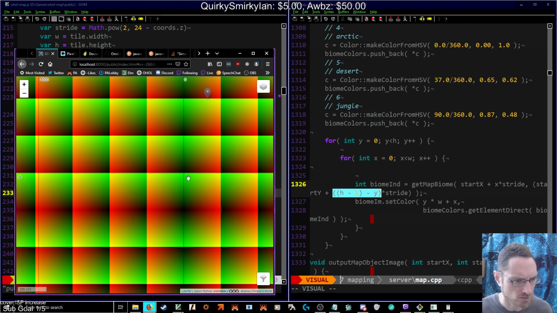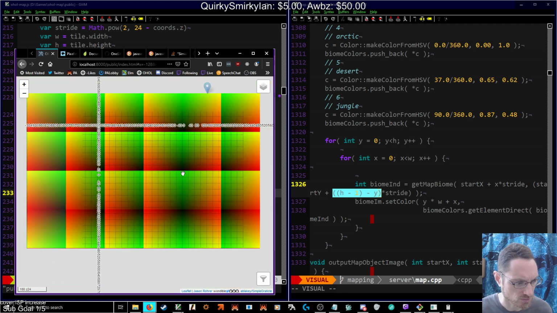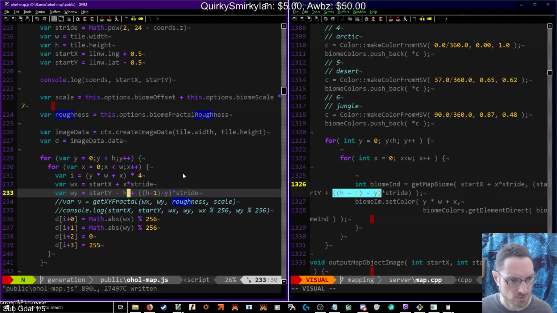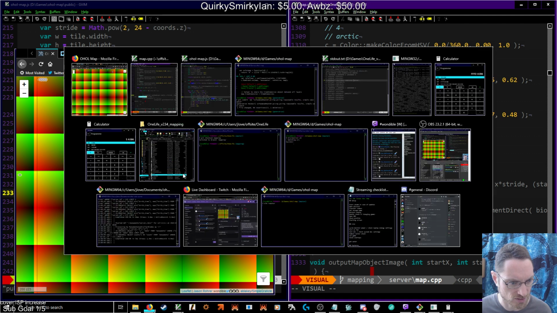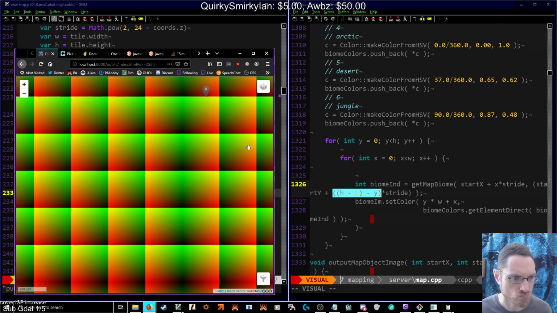Oh, we're not on 0. Okay, so that is 24 is fine. 23 is not fine. So the direction about it 0 is correct. The offset is not. That looks more wrong.